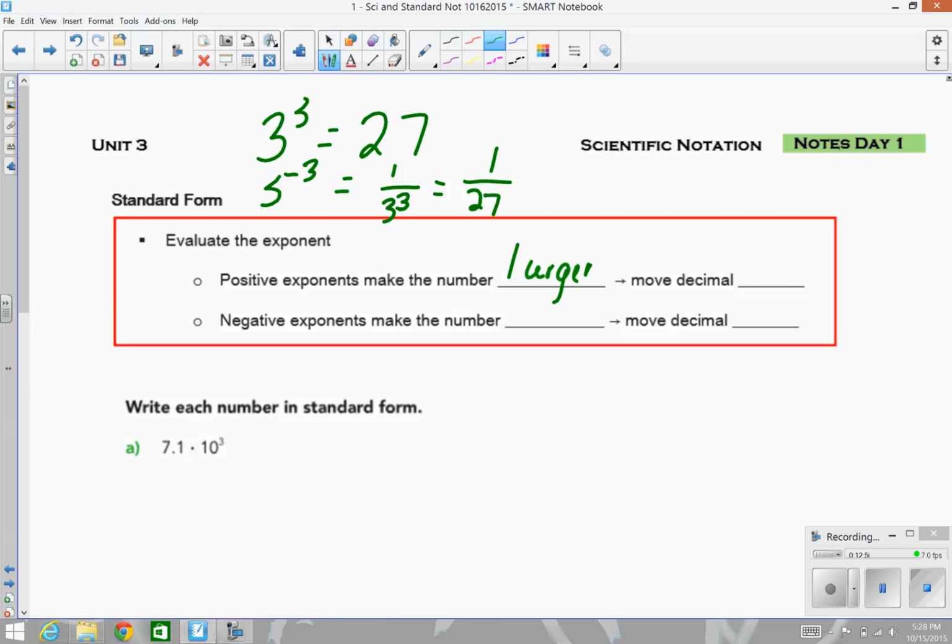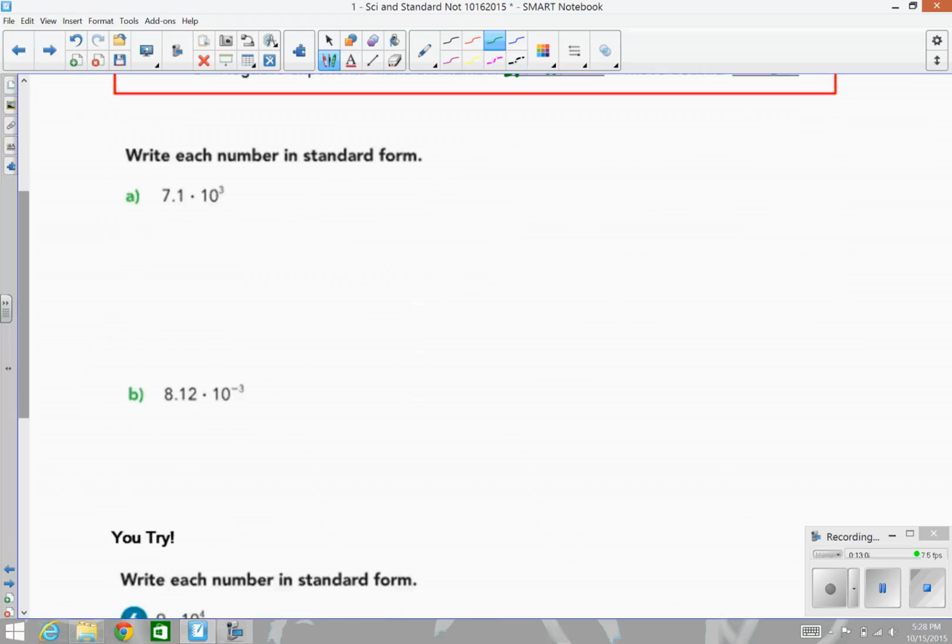Fractions make things smaller. So a positive exponent makes things larger, which means you're moving the decimal to the right. Negative exponents make the number smaller. Move the decimal left. So we're really just undoing scientific notation in this case.